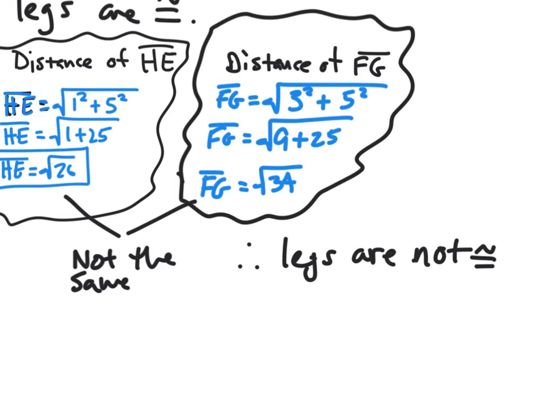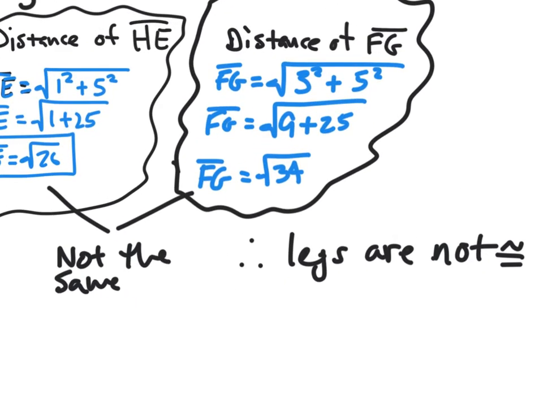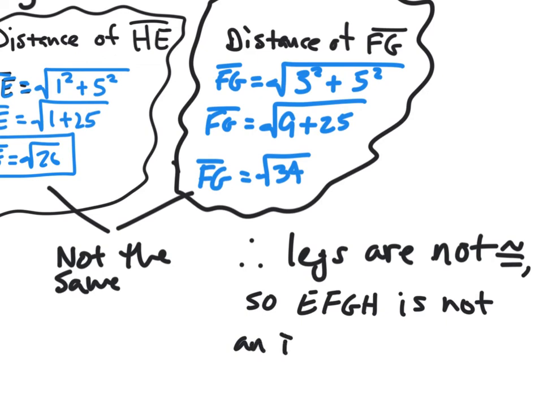So EFGH is not an isosceles trapezoid. It's a trapezoid.